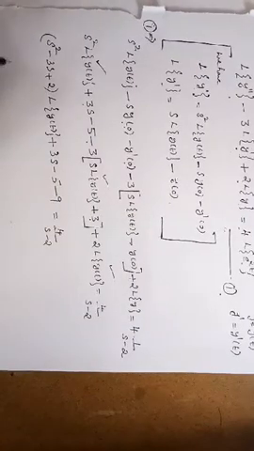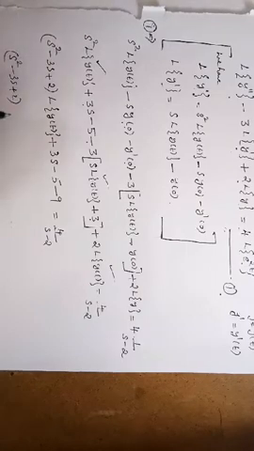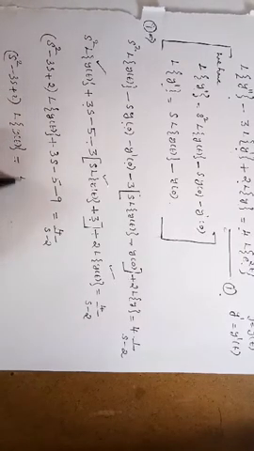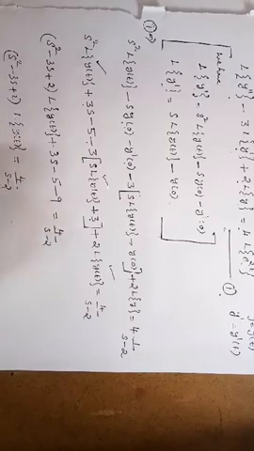That is, s square minus 3s plus 2 L of y of t equal to 4 by s minus 2.